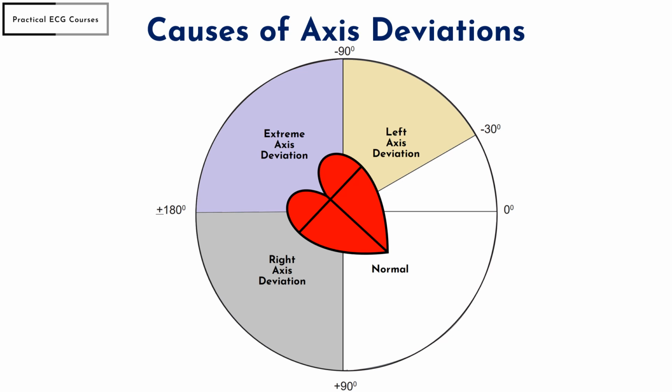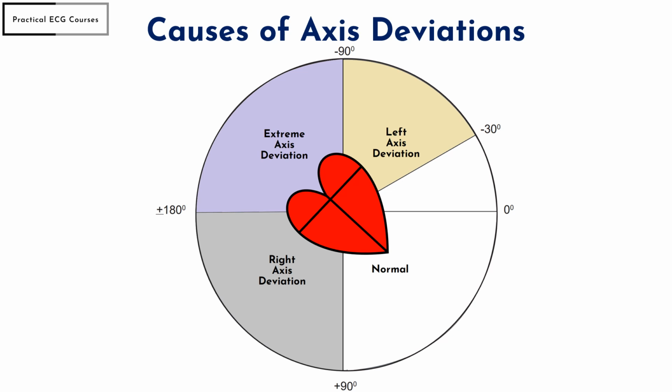For example, if you have more muscle mass on one side, then there is more myocardial cells to depolarize, and therefore more vectors will be on that side, and therefore the axis will deviate to that side. Now, for some reason, if there's no conduction going on one side of the heart, then it doesn't have that many vectors, and all the vectors are on the opposite side, and therefore the axis deviates to the opposite side.